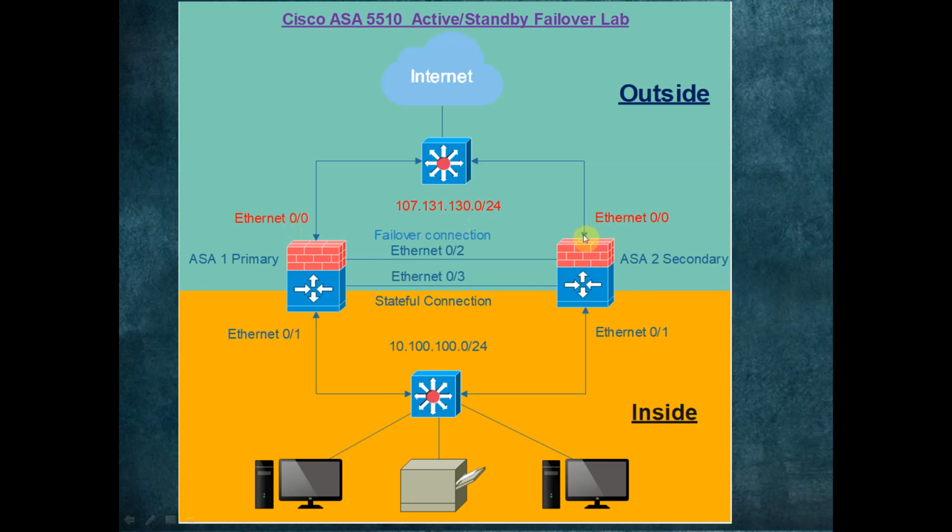Ethernet 0 on both firewalls is configured as the outside interface, and Ethernet 1 is configured in the inside security zone. Ethernet 2 is a failover link which connects both firewalls, and Ethernet 3 is configured as the stateful link, and they also connect both firewalls.